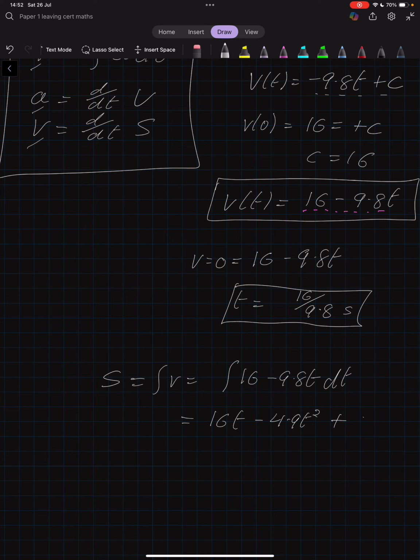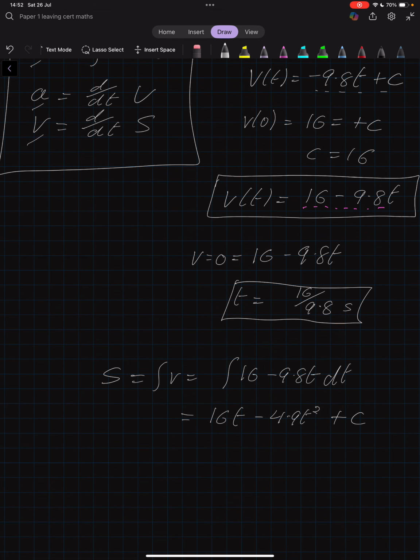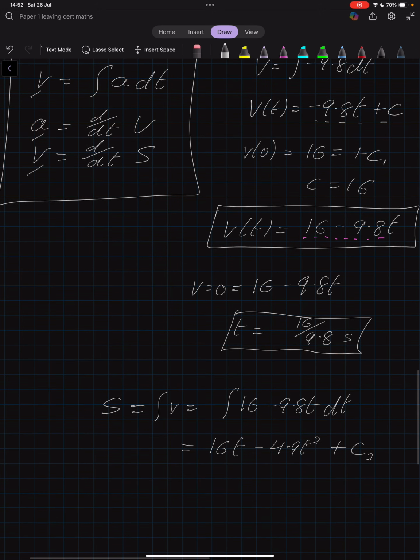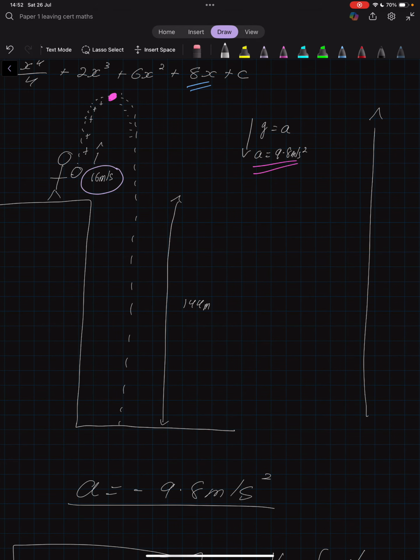T squared plus c. To figure out what the c is, sorry, this is a different c. So this is like c1 and this is c2. They could be the same, but they don't have to be. It's just some constant that I'm adding on, and I want to know what c2 is. So I know, starting off, the height is 0.